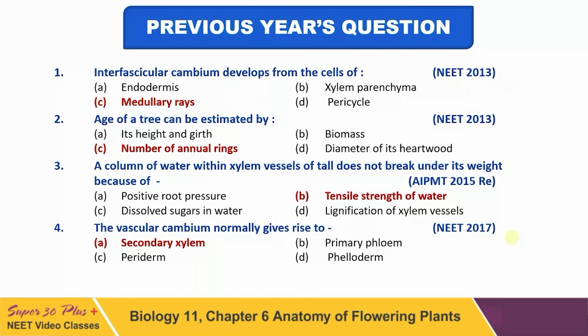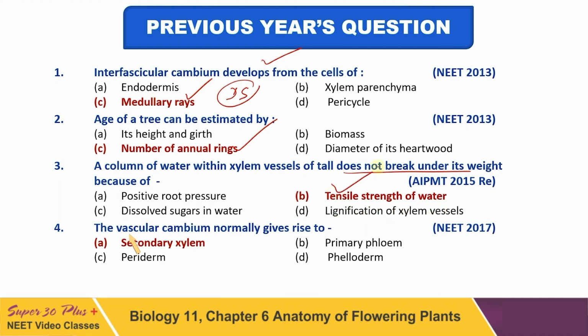Some questions we can discuss which have come in previous year examinations. Interfascicular cambium, in a question related to the dicot stem, develops from medullary rays. The age of a tree can be counted by counting the number of annual rings. The column of water within the xylem vessel does not break because of the tensile strength of the water.